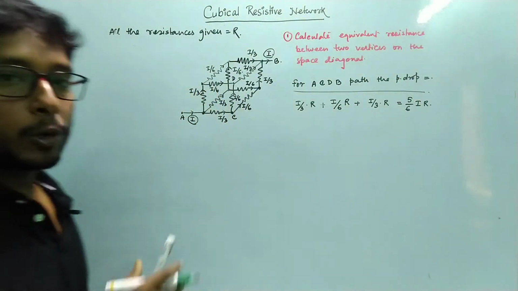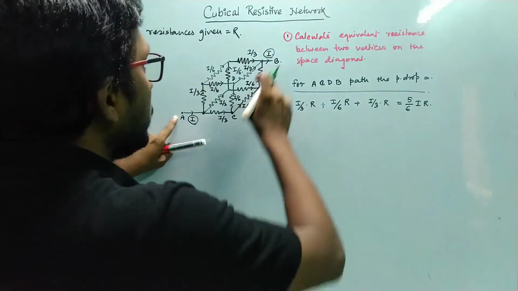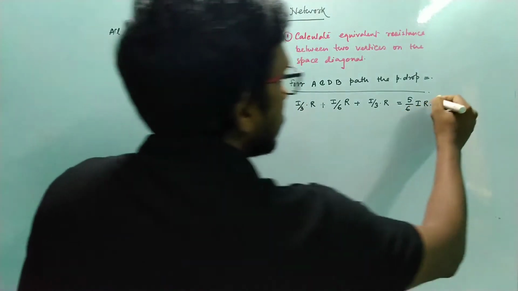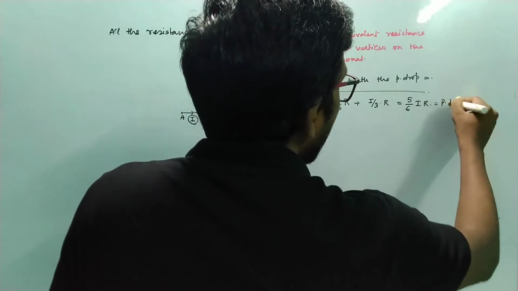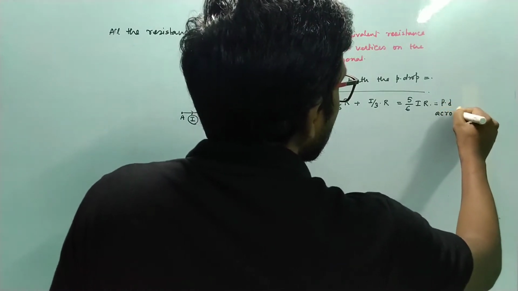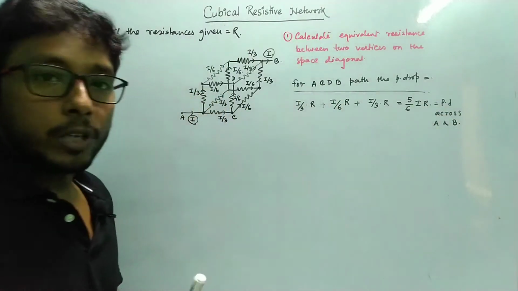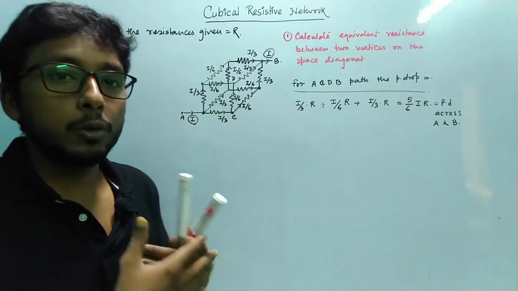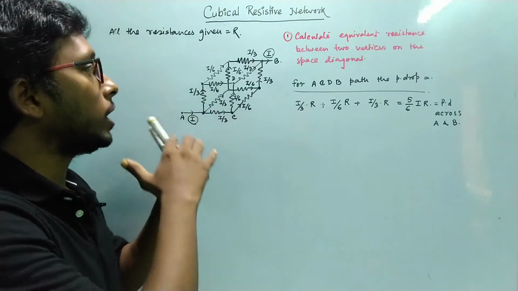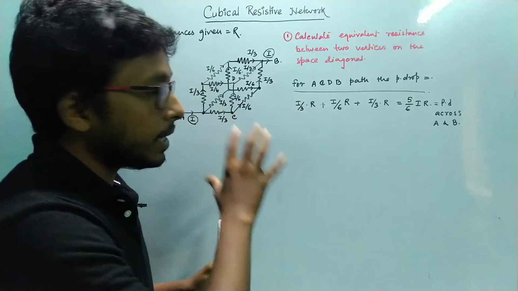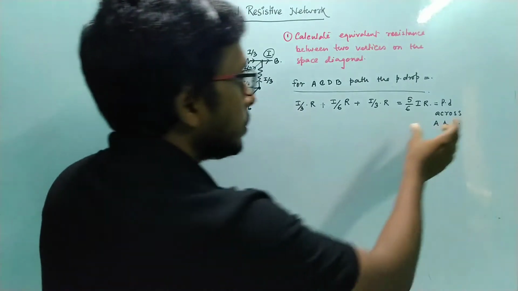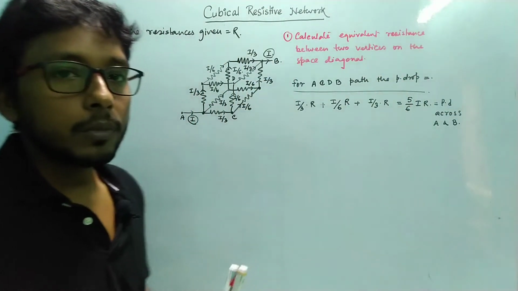So I get the potential drop between A and B. So this is equal to potential drop across A and B. If you take any other path, you can do it on your own, you will get the same potential difference between A and B.